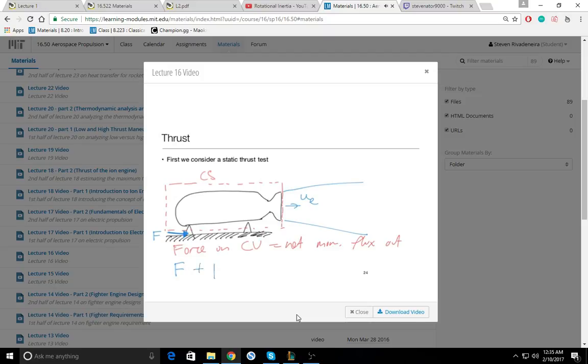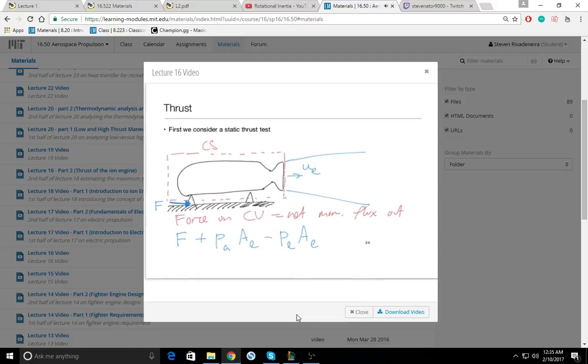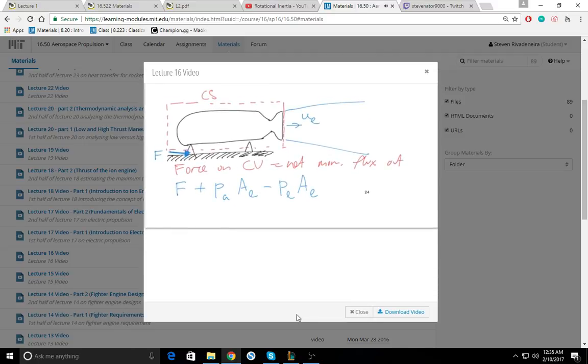So plus ambient pressure times exit area minus exit pressure times exit area. What I've done here is consider just this tube, because the static pressure everywhere else cancels out. On that tube you have PA AE here and PE AE here, where AE is the exit area.